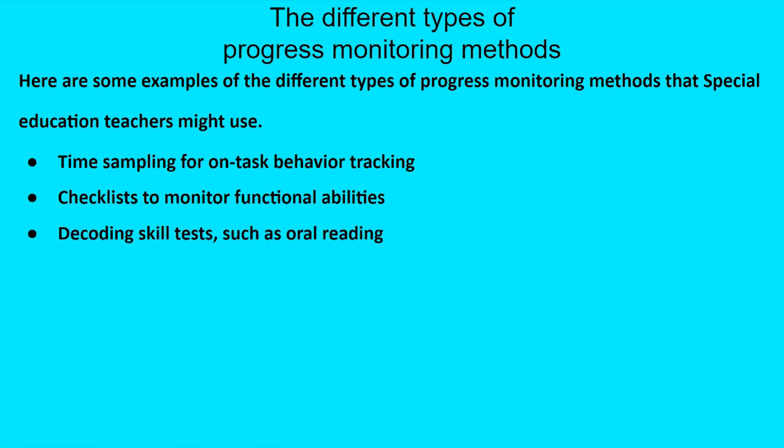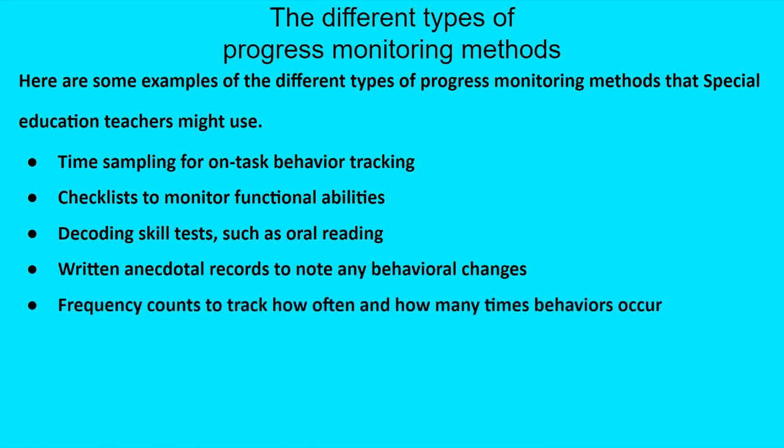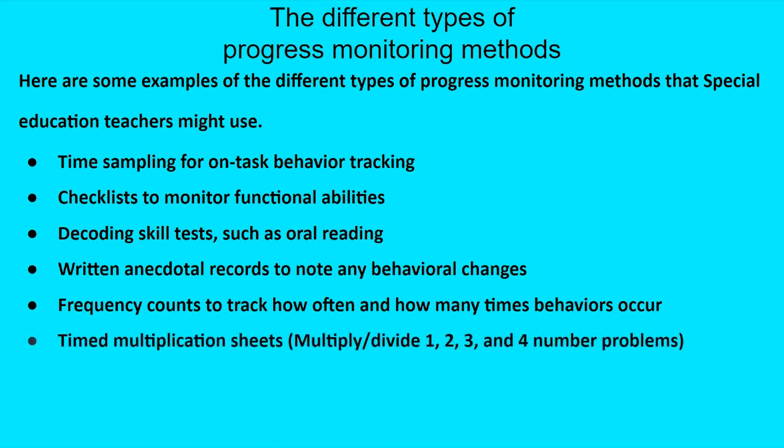Decoding skill tests such as oral reading. Written anecdotal records to note any behavioral changes. Frequency counts to track how often and how many times behaviors occur. Times multiplication sheets, such as multiply and divide, 1, 2, 3, and 4 number problems.